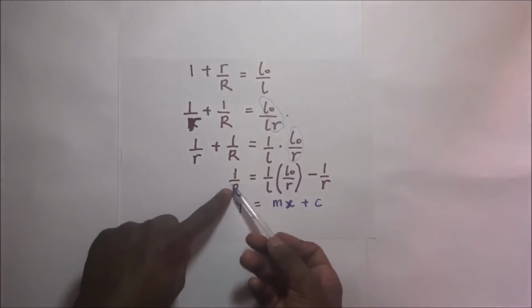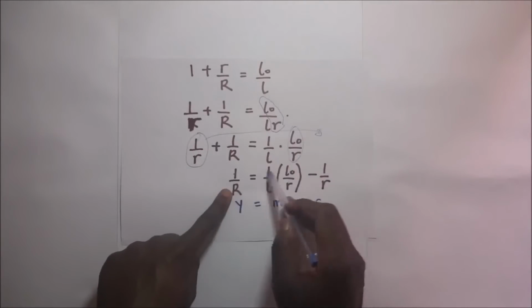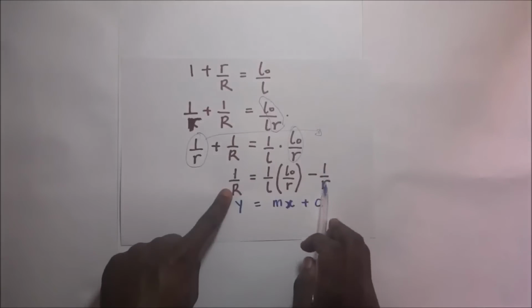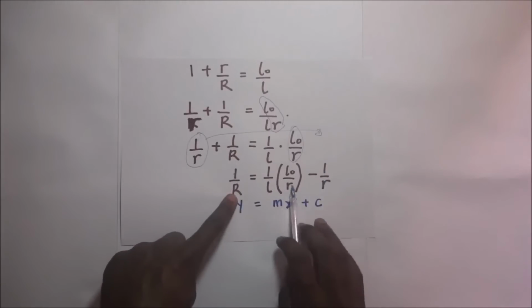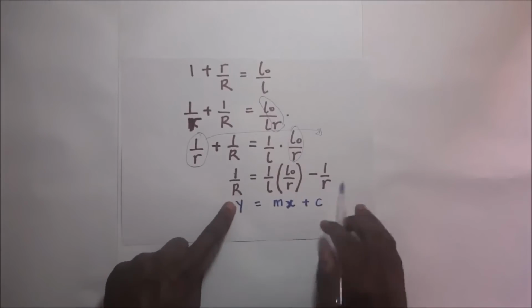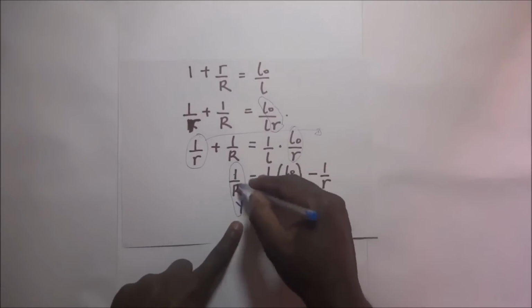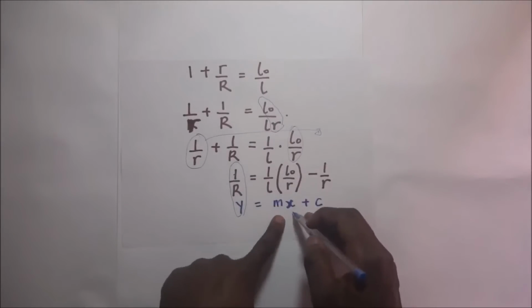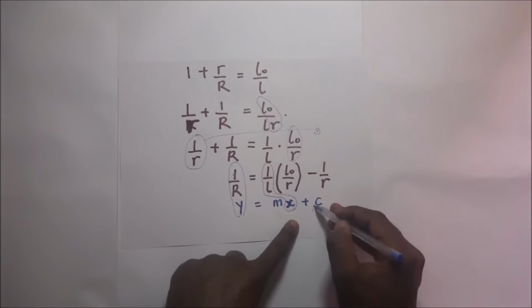And definitely when we push this to this side of the equation, it becomes minus 1 over R right there. So it becomes 1 over r is equal to that minus 1 over R. And when you look at this closely, it's in the form of y is equal to mx plus c, where our value of y is 1 over r, our value of x is 1 over L, and our value of c is right there.